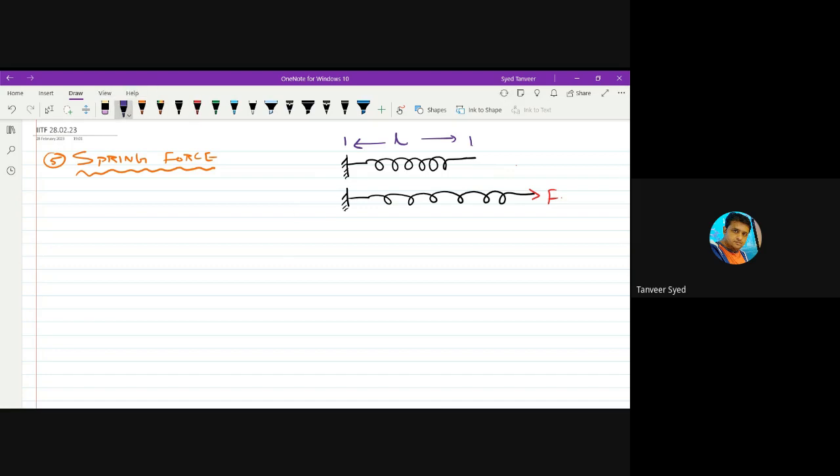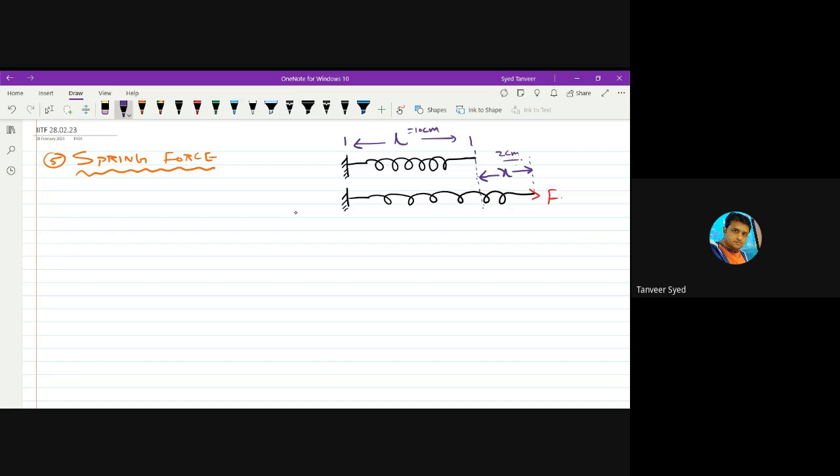By what amount? This was its natural length, now it is elongated by x. Let us say the original length is 10 centimeter and you pull it so that its length becomes 12 centimeter. Then its elongation is 2 centimeter. Okay.